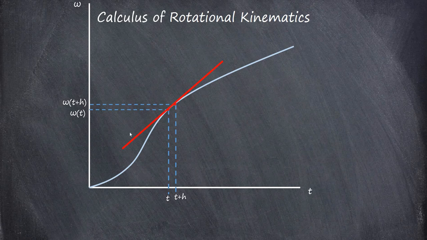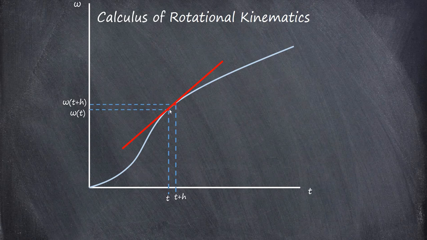But is that the tangent line at time t? No, it's not the tangent line at time t. It's a secant line. So what's the difference between a secant line and a tangent line? A secant line is a line that touches the curve or the graph at 2 points. What we want is a tangent line, a line that touches the curve at only one point.